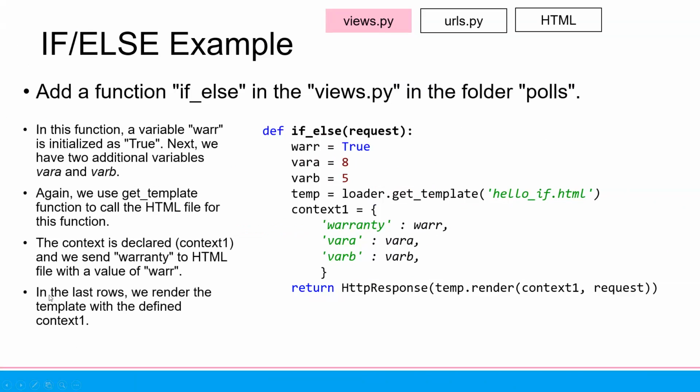In the last row, we render the template with the defined context1. So the context1 here, we need to define it so the HTML file can understand what those variables are.